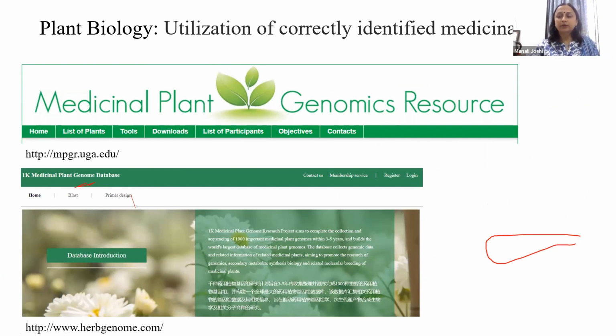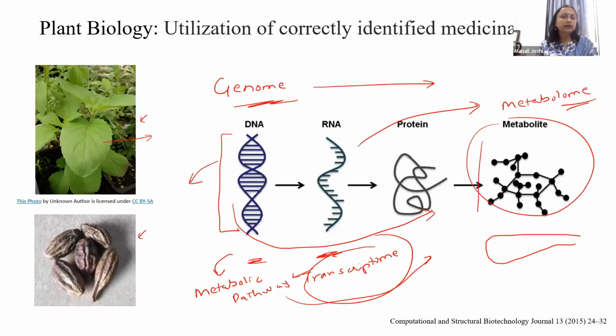So I think what will be very crucial and important for Ayurveda research is that a lot of computation will be involved in putting together the genome. I won't get into too many technical details, but at some places, it may be de novo assemblies, for instance. So this requires a lot of computational pipeline.